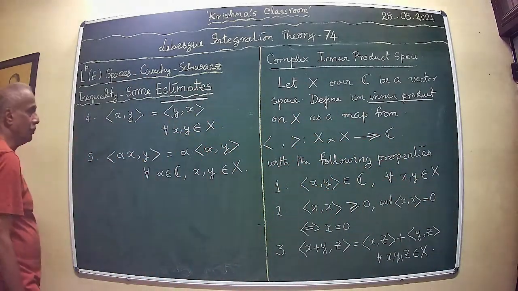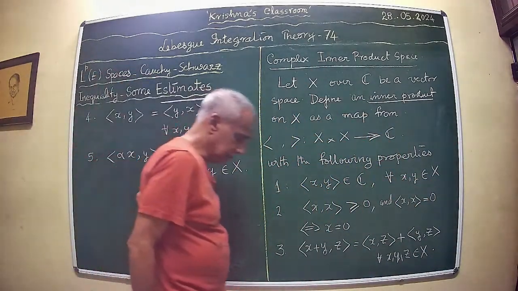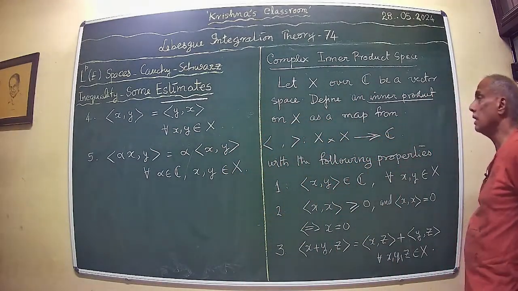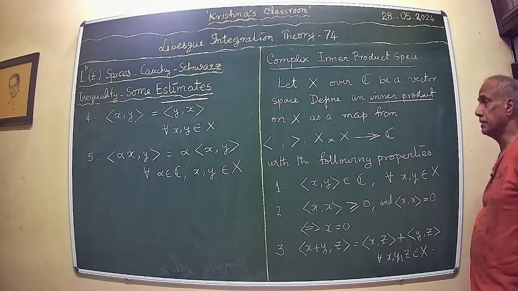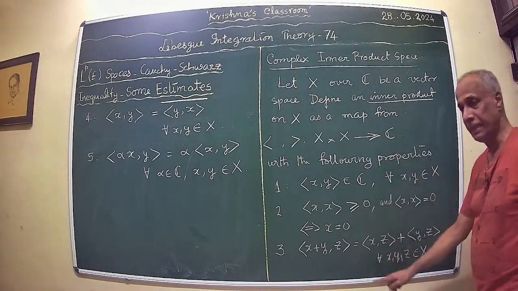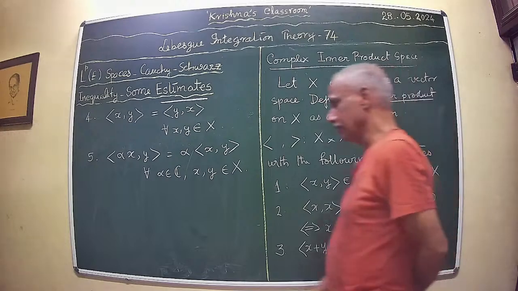Now you see that if you were to take C to be R, that means if you are considering the real inner product space, then this in fact completely coincides with what we did earlier.